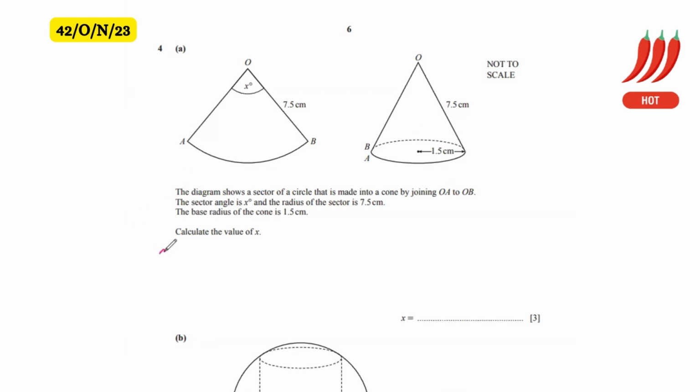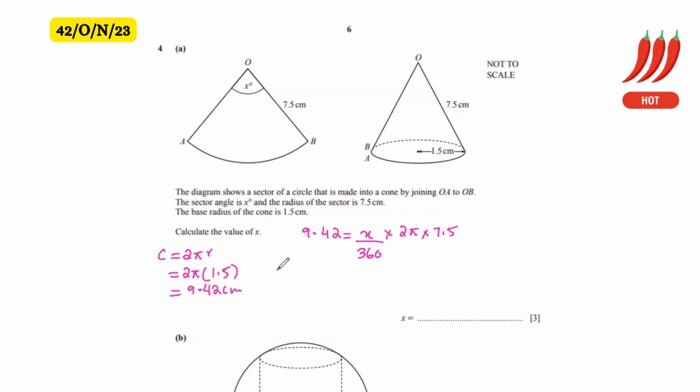So circumference is going to be 2 pi r, where it's 2 pi times 1.5. So 3 pi equals 9.42. That is your arc length AB. So using that arc length, we can find the angle. So 9.42 equals x over 360 times 2 pi, r is 7.5.